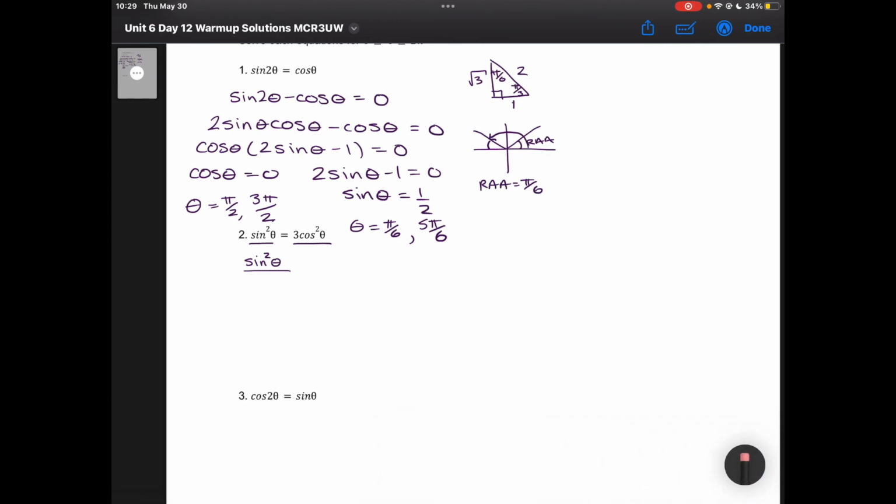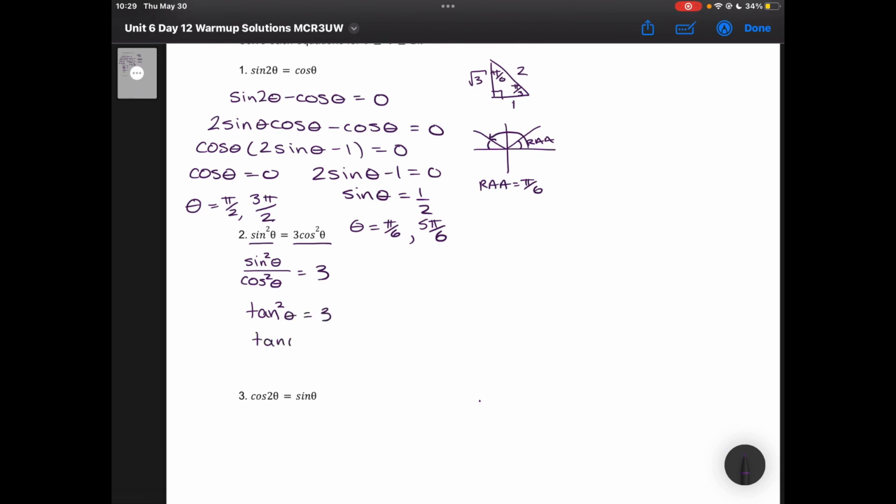Rewrite that. Cos squared theta, which is going to leave me 3 by itself. And now I divided both sides by cos squared theta because I noticed that sine over cos is equal to tan. So here I get tan squared theta equals 3.